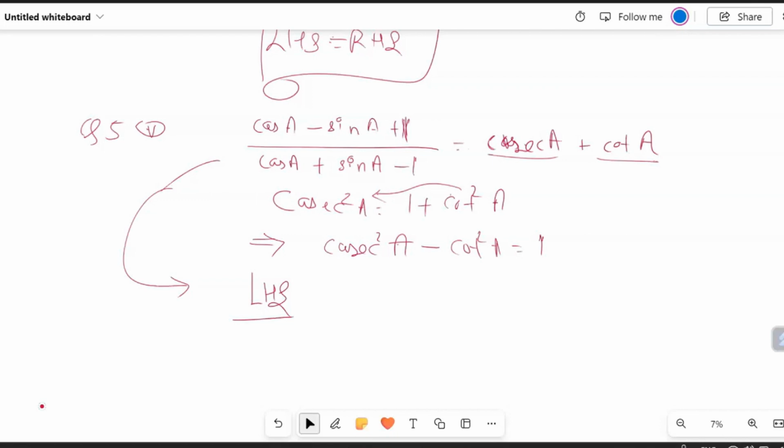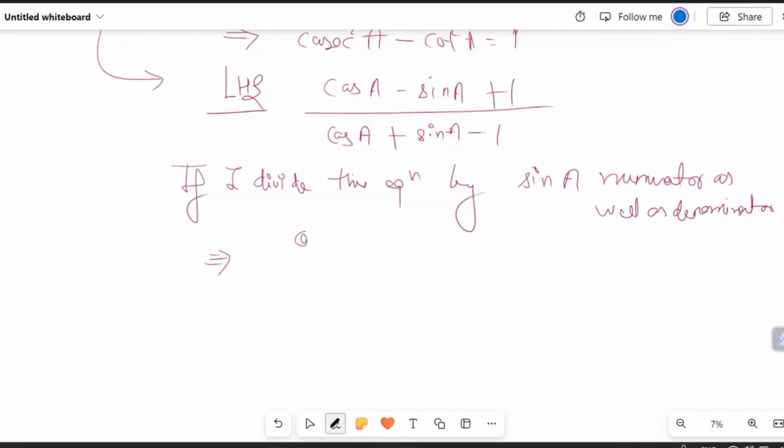So how can we do it? Let's do it. Since LHS is written as (cos A minus sin A plus 1) divided by (cos A plus sin A minus 1).